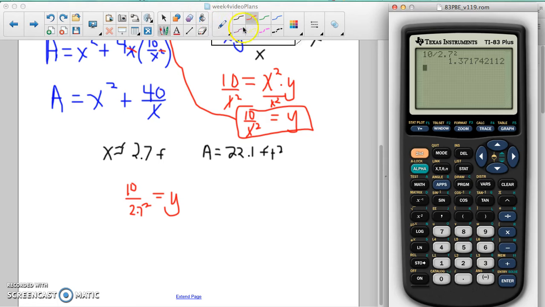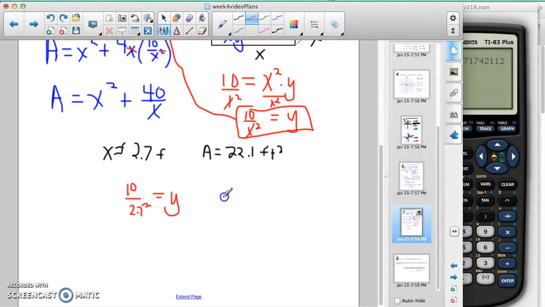So my answers for my dimensions are going to be approximately 2.7 feet and 1.4 feet. So those would be my dimensions of the box. It's going to have a square base of 2.7 by 2.7 and a side of 1.4, and it's going to give an area of 22.2 feet.